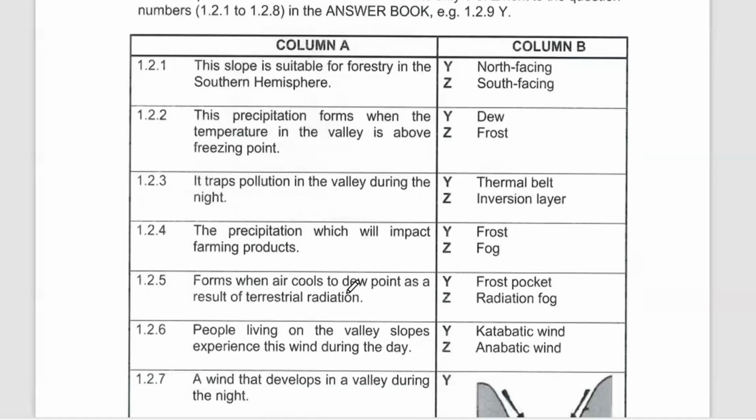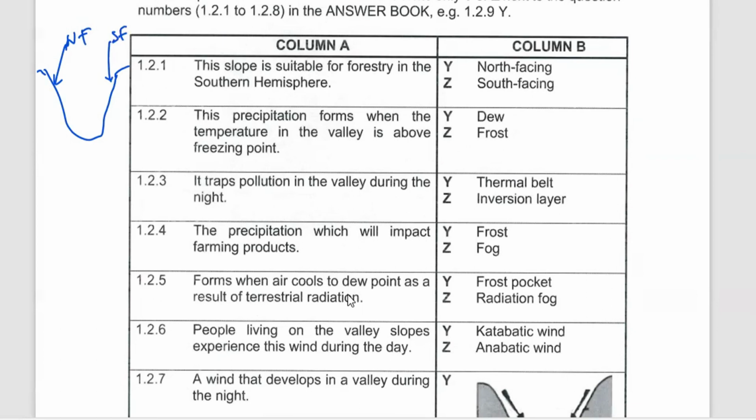Right, number 121, it says the slope. This slope is suitable for forestry in the southern hemisphere. When we're talking of slope aspect, remember the concept of slope aspect, we are looking at the orientation of slopes. If this is the southern hemisphere slope, we are saying this side is our north-facing slope and this side is our south-facing slope.